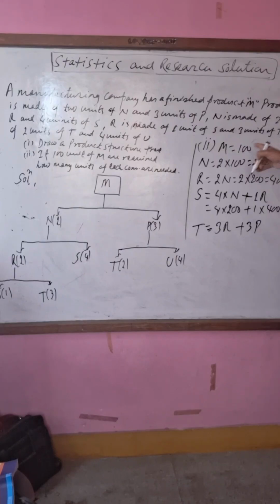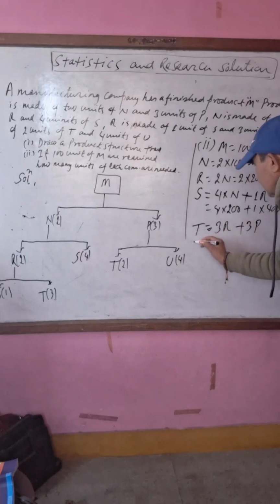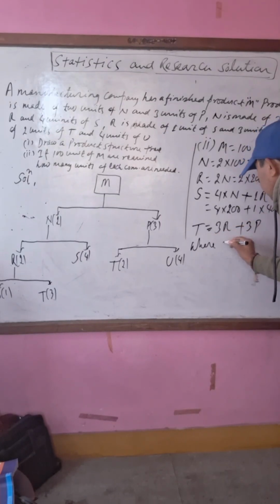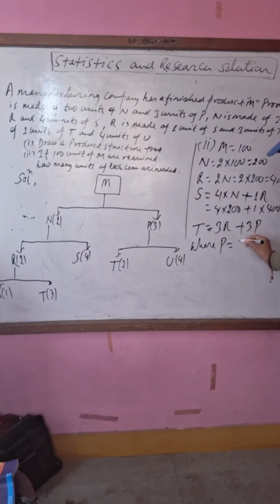But we have not calculated P, so at first you calculate P. P is equal to 3 into M, and M is 100, so P is 300.